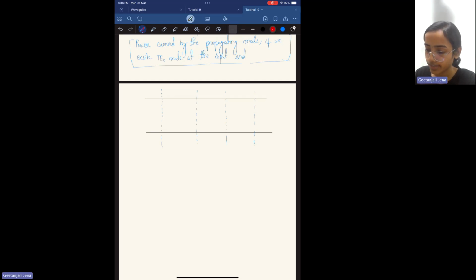First we are exciting, let us say, the T0 mode. So the profile will be this. What will happen after some distance?